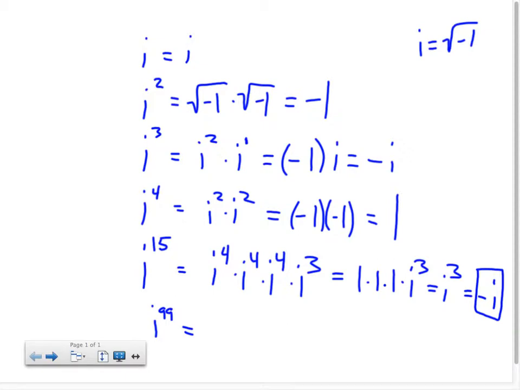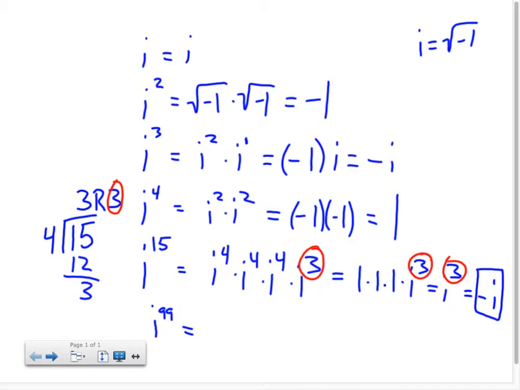Another way to think about that is if you divide 15 by 4, it'll be interesting to see what's left over. So 4 into 15 is going to be 3. 3 times 4 is 12, with a remainder of 3.